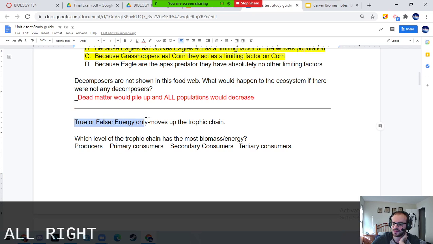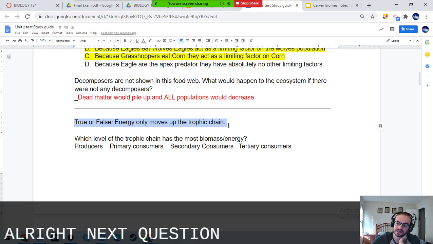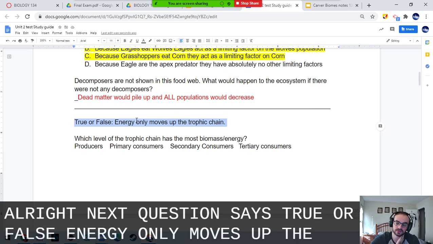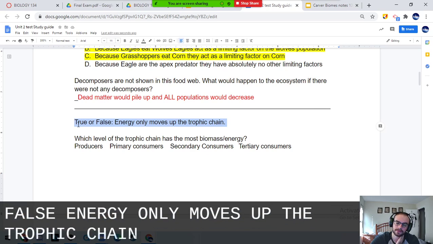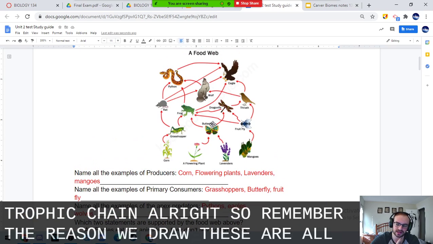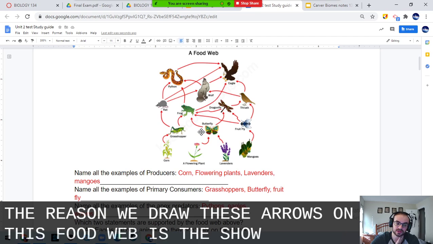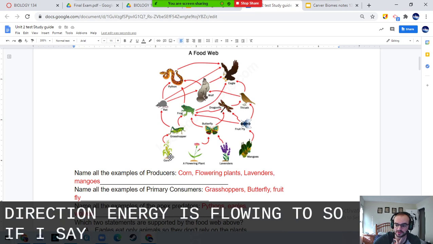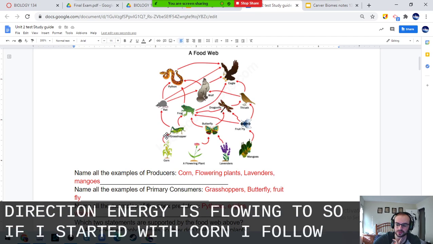All right. Next question. It says true or false. Energy only moves up the trophic chain. All right. So remember, the reason we draw these arrows on this food web is to show which direction energy is flowing to. So if I started with corn, I follow where my arrow is pointing.